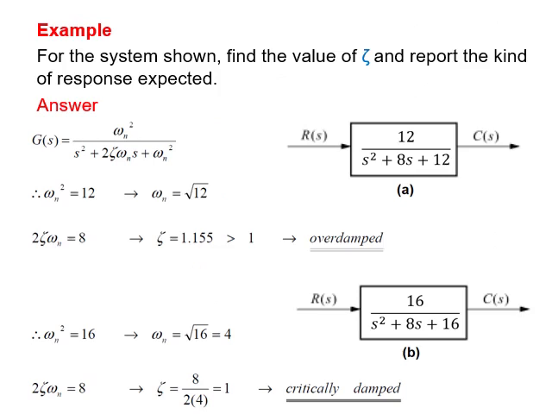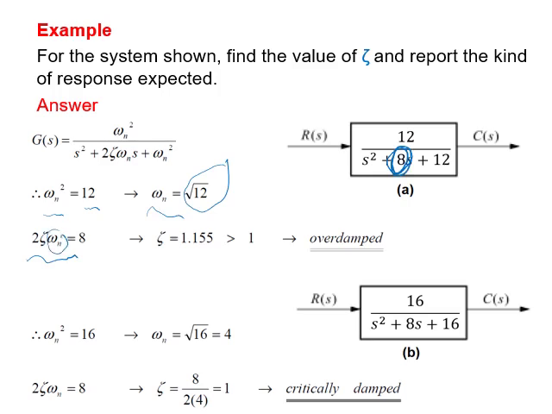Example: for the system shown, find the value of zeta and report the kind of response expected. It means we need to calculate zeta, and from zeta we must be able to know what kind of system we have. So we calculate: omega n squared equal to 12, which means omega n equals root 12. 2 zeta omega n equals 8, as you see here.